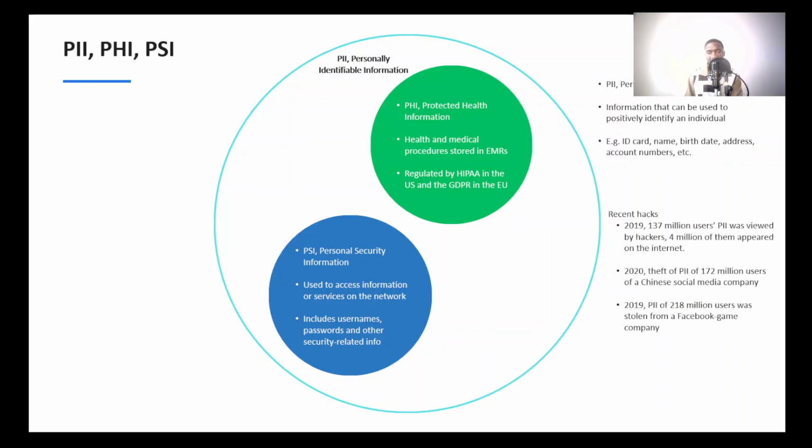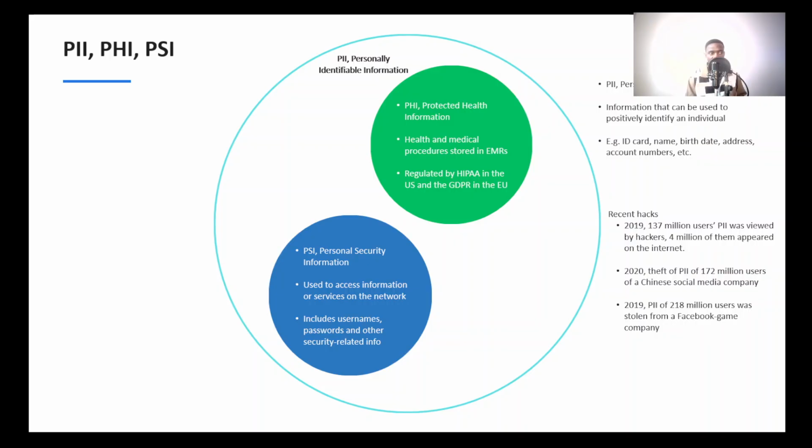Now, some recent hacks that talk about things that were exploited at this level. We had in 2019 where 137 million users' personally identifiable information was viewed by hackers, and up to 4 million of them appeared on the internet. Do you understand how crazy that is? In 2020, there was theft of PII of 172 million users of a Chinese social media company.